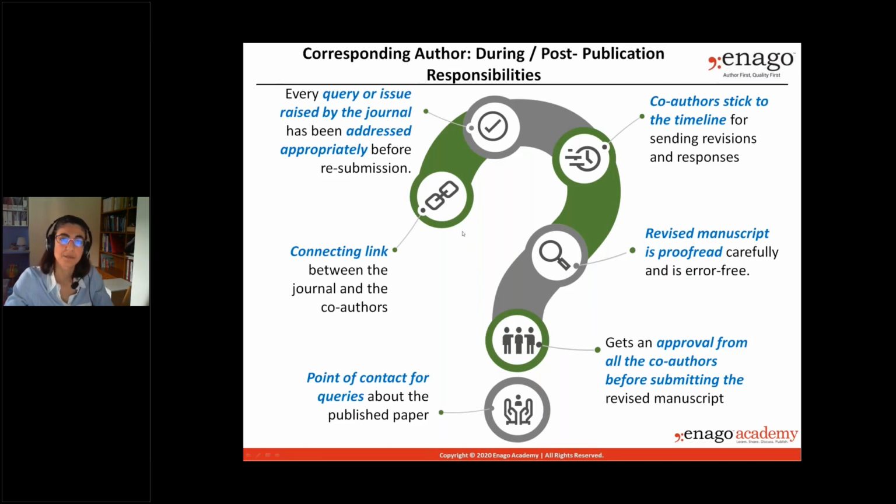During the submission process of the manuscript, as well as post-publication, the corresponding author has an additional set of responsibilities, and these include being the link between the journal and the different authors of the manuscript, and being responsible for addressing queries or any issues raised by the journal, ensuring that they're addressed in a timely fashion and appropriately.